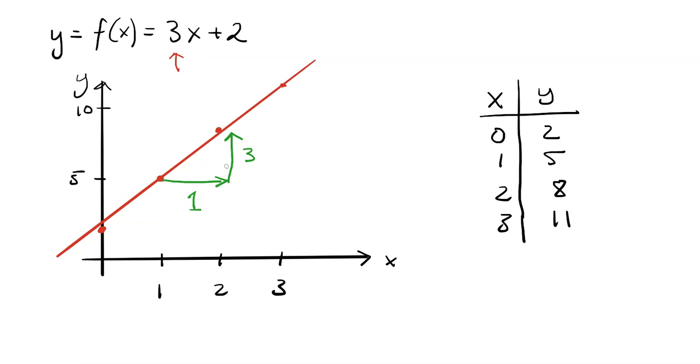And of course, this number, how much you go up or down when you go one step, is a good measure of what the slope of this graph is. So this number here, 3, is how much you go up or down when you go one step in the x direction. And therefore it's called a slope, since it has to do with the slope of the curve.